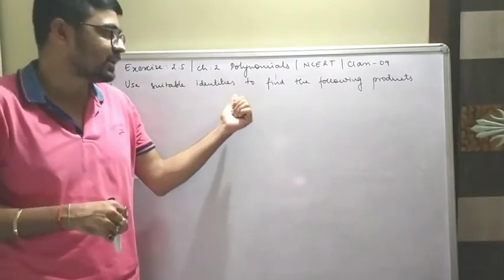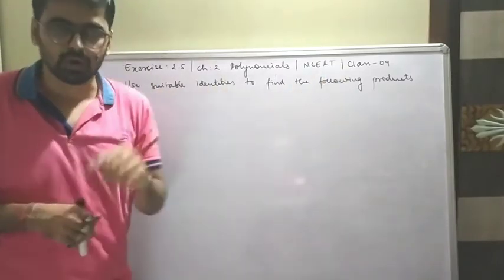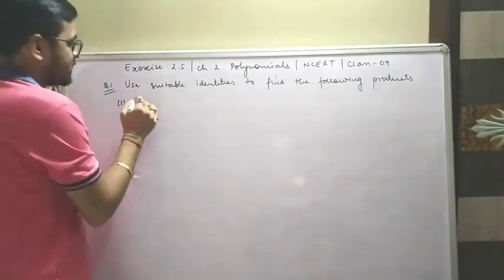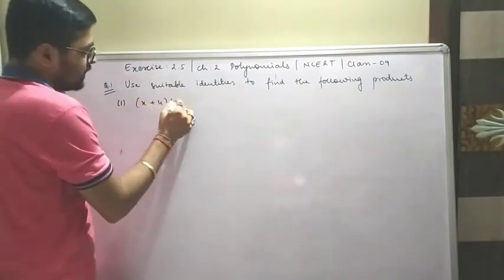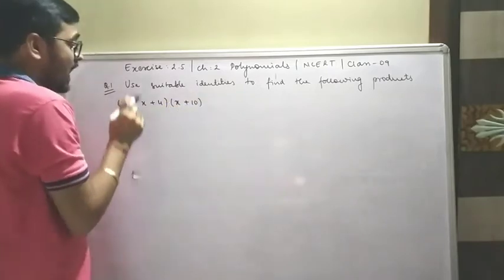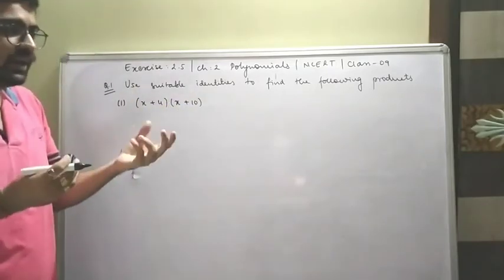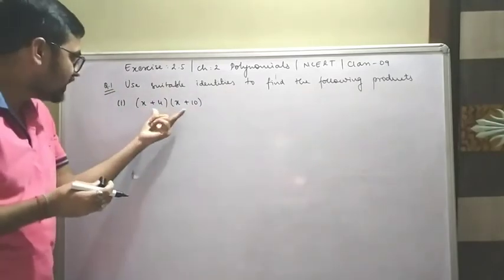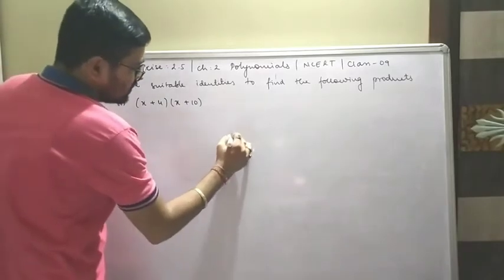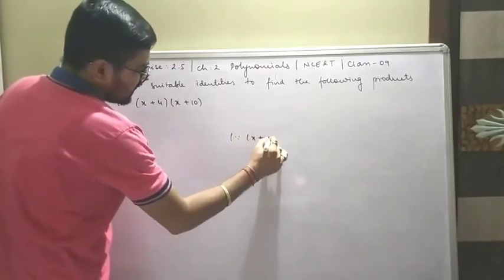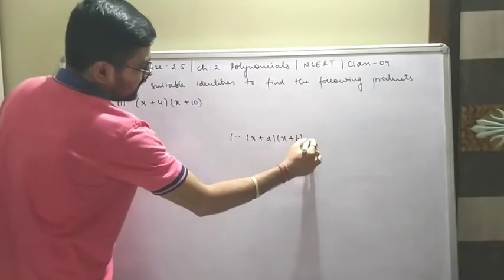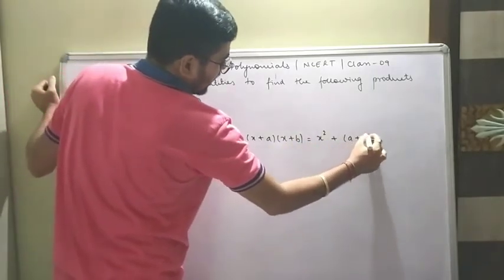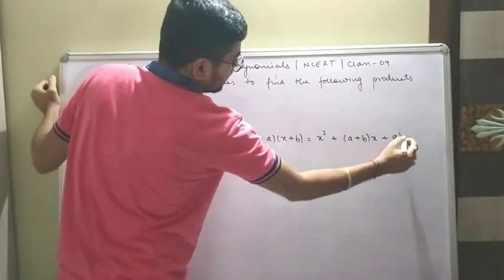Use suitable identities to find the following products. The first one is given as (x plus 4) into (x plus 10). I have to use an identity which will help me get the product of these two terms. I can use the identity (x plus a) into (x plus b), which is x square plus (a plus b)x plus ab.